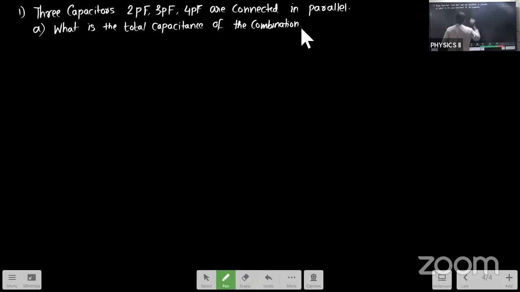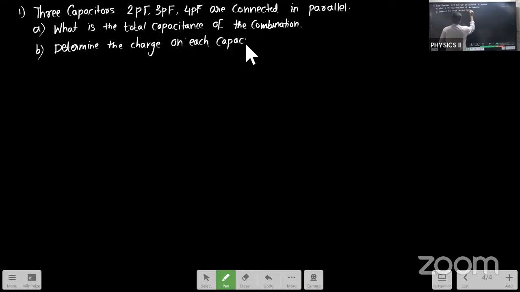And the second question: determine the charge on each capacitor if a 100 volt supply is connected.